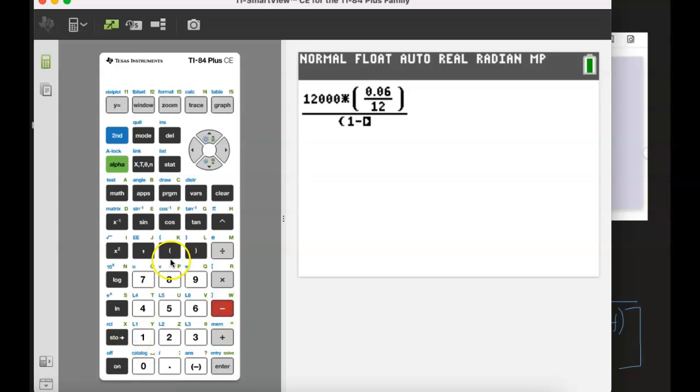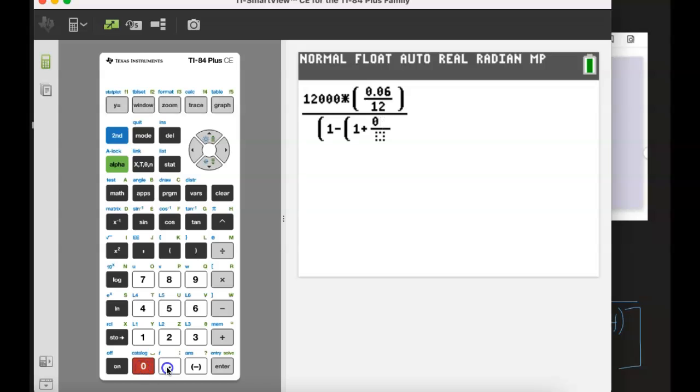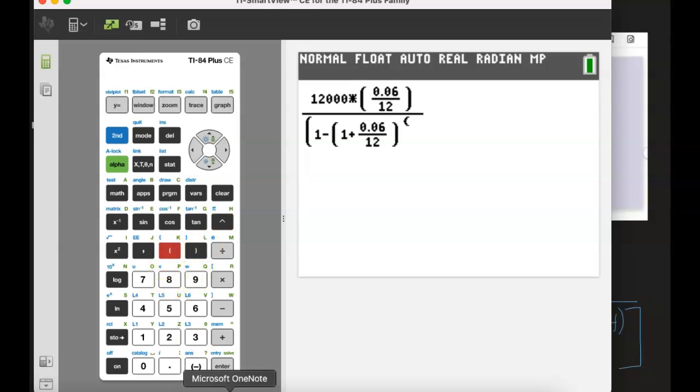And that's 1 minus, another parentheses, 1 plus, another fraction over 12, come out of that fraction, and then an exponent. And in that parentheses, we have negative 12 times 4. And then I can come out of that exponent by pressing the right arrow, close the parentheses in the denominator, and then just press enter.